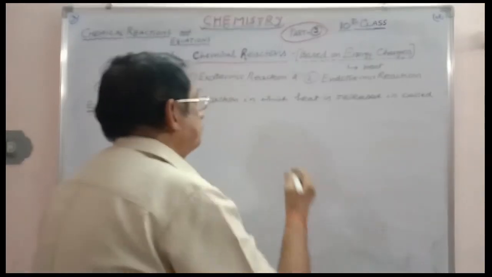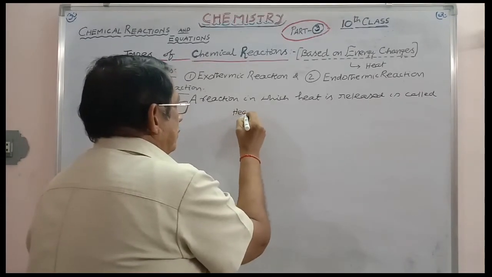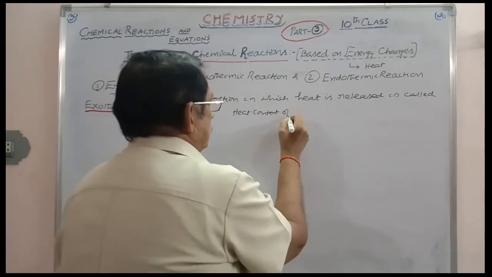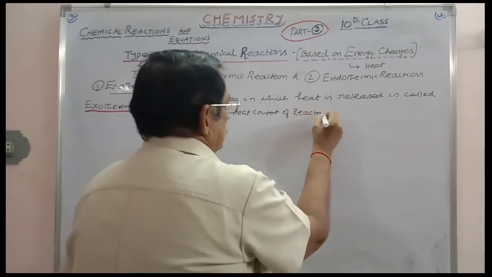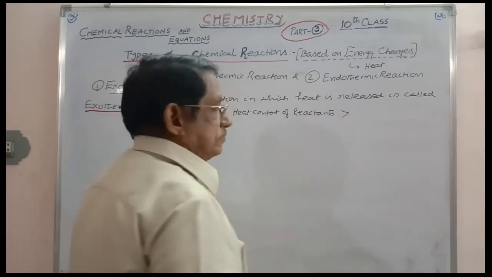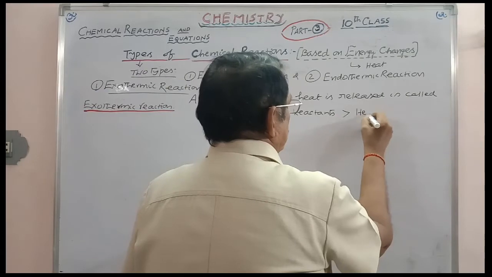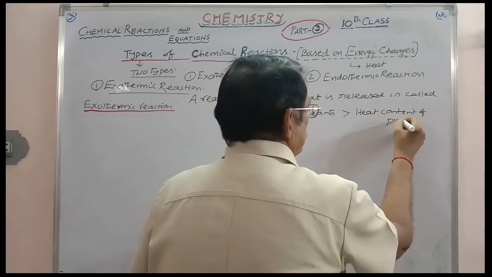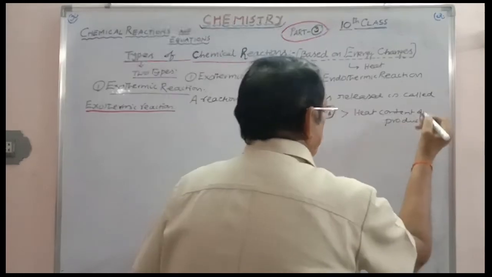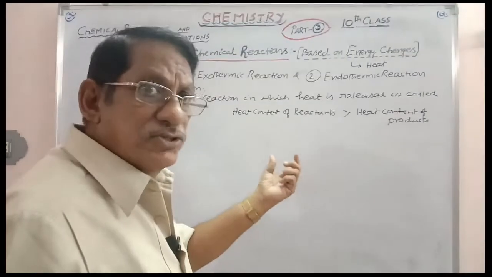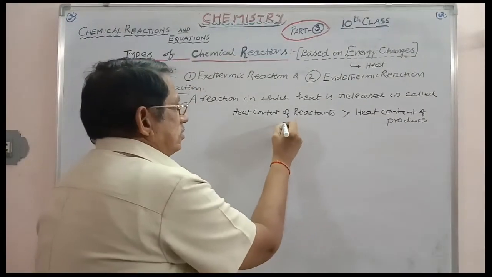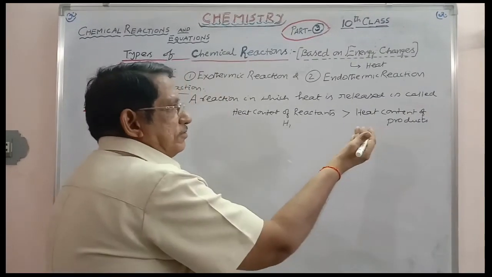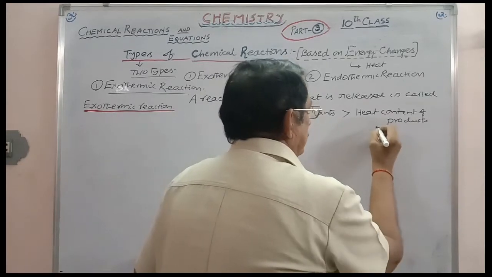That means heat content associated with reactants is greater than heat content of products. Total heat content associated with reactants can be represented as H1. Heat content is represented by H. Heat content of products is H2.